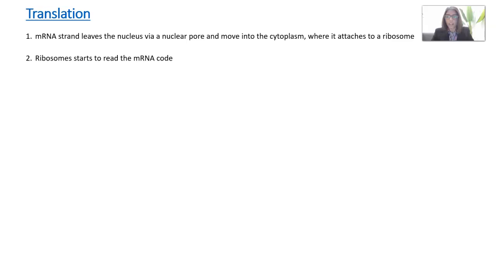The ribosomes will start to read the mRNA code. Remember, we have the large and small subunits on the ribosome, and the mRNA goes through that groove in the middle.